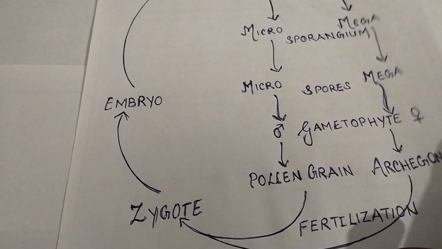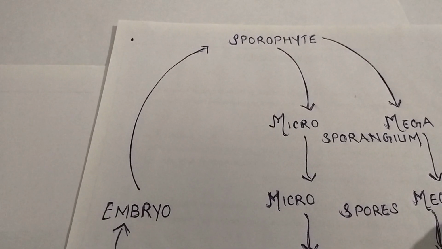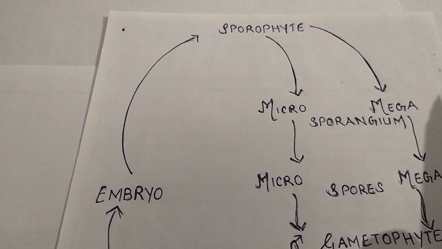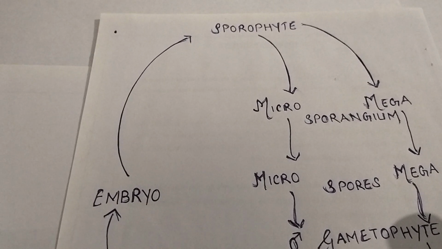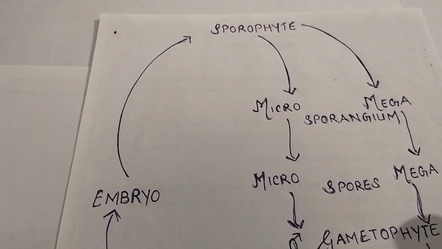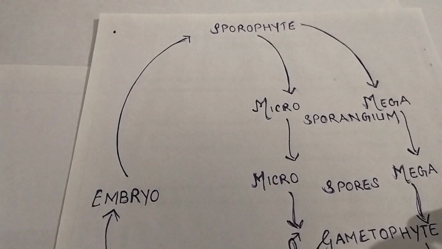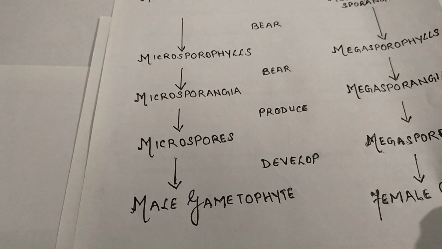Now what happens? See, I am trying to explain to you with the help of the cycle. Okay, the pollen grain is released from the microsporangium. Now here you have to study the reproduction or the life cycle. What happens? This male gametophyte is known as pollen grain.